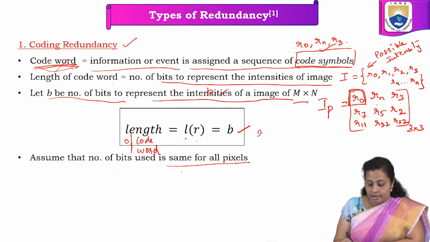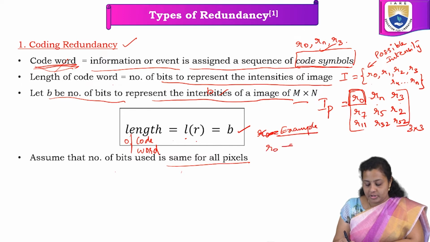Now, assume that the number of bits used is the same for all pixels. For example, if R0 is represented by 4 bits, then we assume that all intensity values are represented by 4 bits.